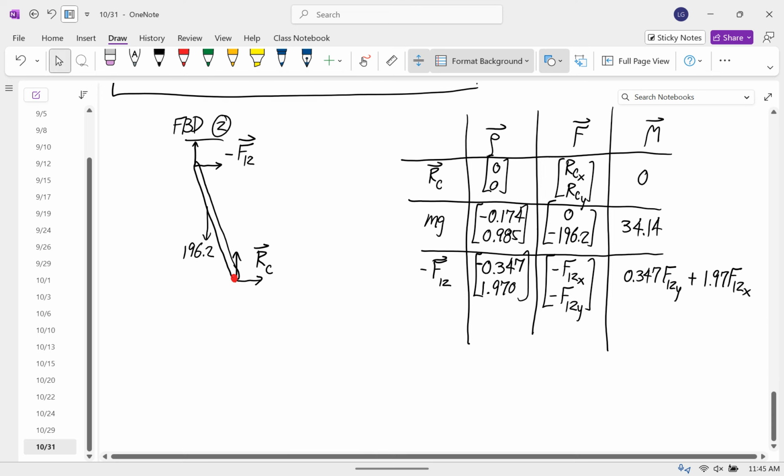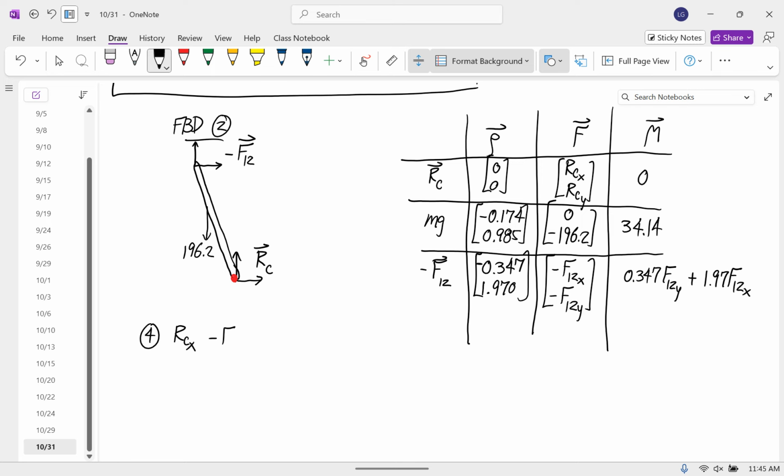Okay, and then equation 4 says RCX minus F12X is equal to 0. Equation 5 says RCY minus F12Y is equal to positive 196.2.